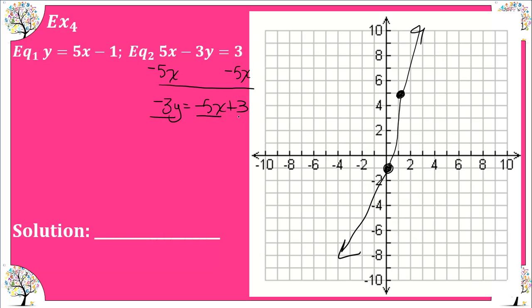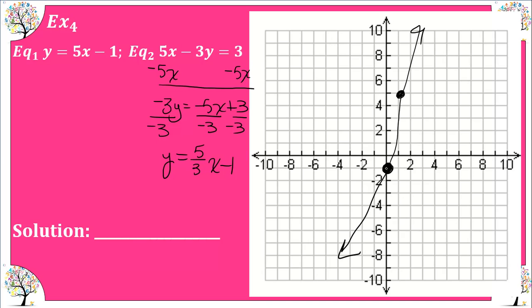Divide everything by -3. A negative divided by a negative is positive, so we do have a positive slope. We're going to start at -1. So look, you can see they both have the same y-intercept, so that's going to be our solution.